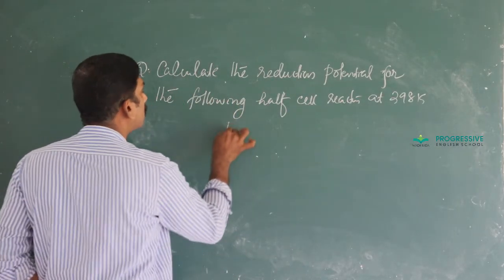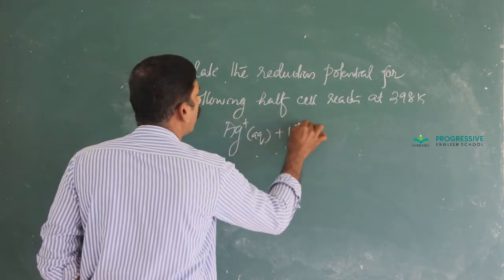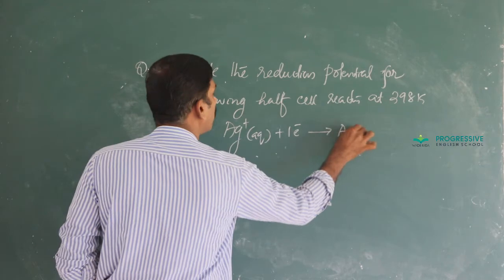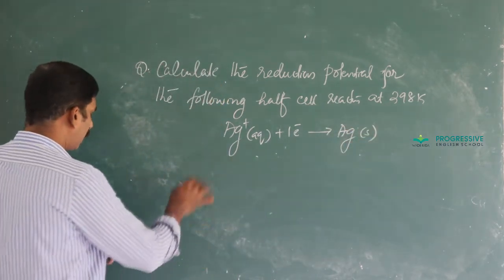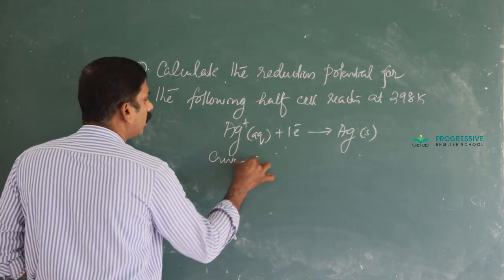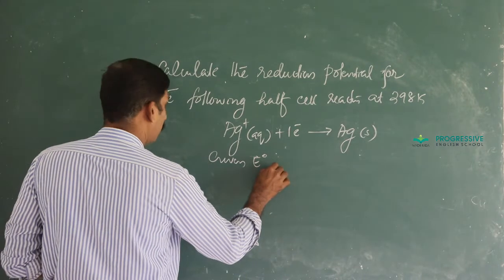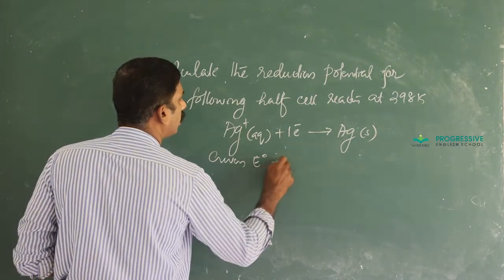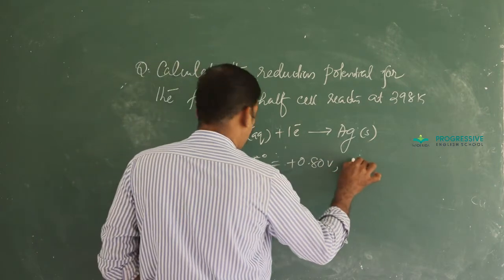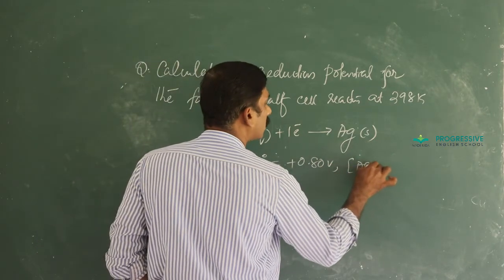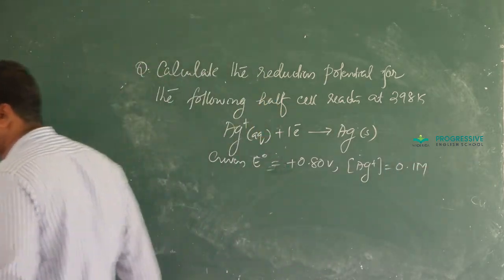Here the cell reaction is Ag+ in aqueous state plus 1 electron gives Ag in solid state. Also, they have given E0 of the electrode equal to 0.80 volt and the molar concentration of Ag+ equal to 0.1 molar.